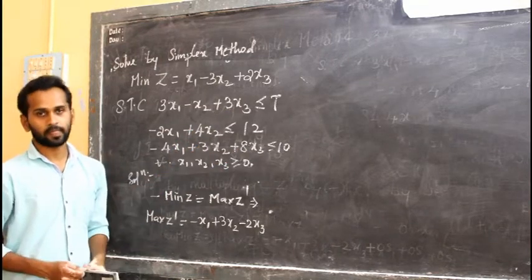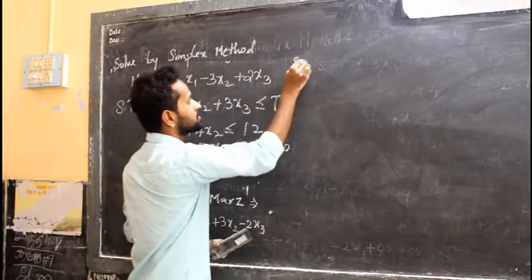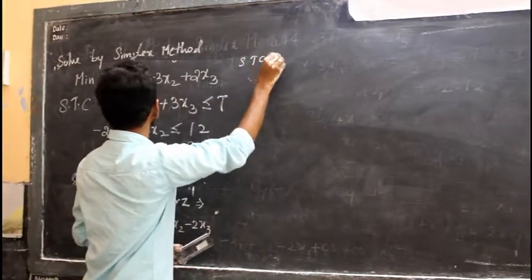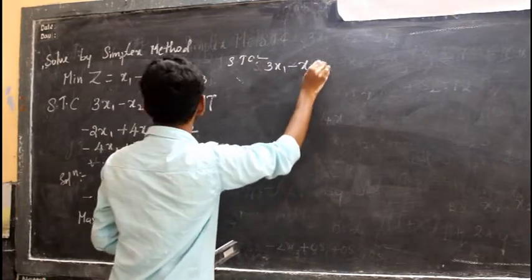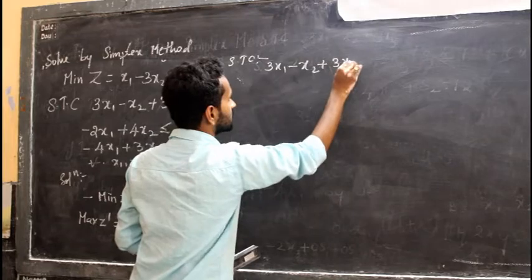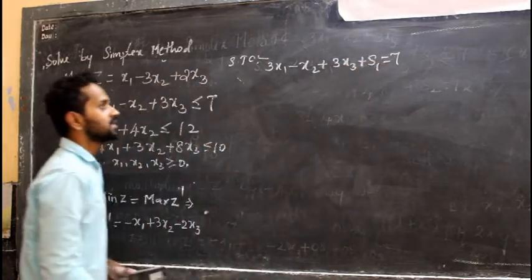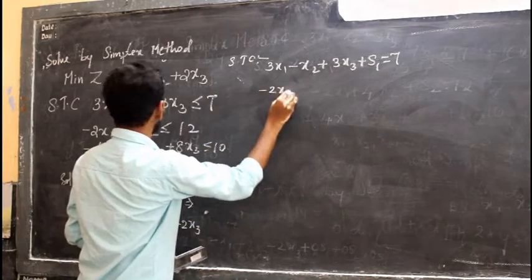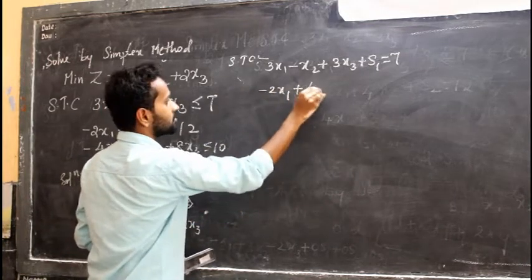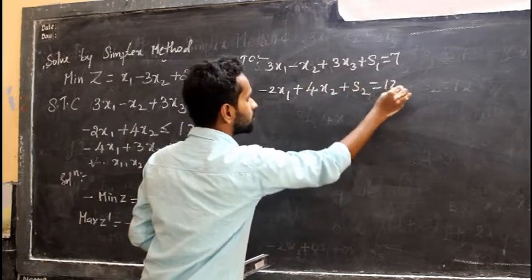After converting to equations, how will my constraints look? Subject to constraints: 3x1 minus x2 plus 3x3 plus s1 equal to 7. I added a slack variable. Next one, minus 2x1 plus 4x2 plus s2 equal to 12.